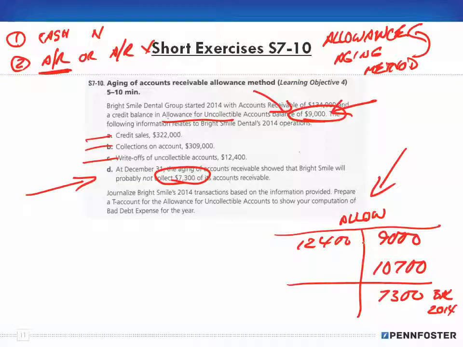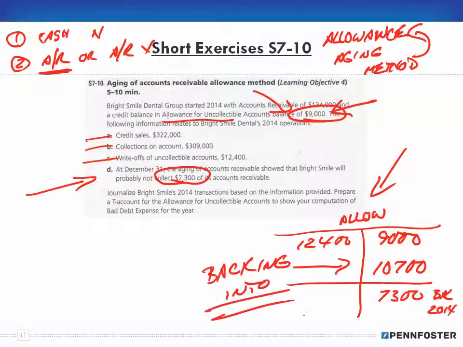Then things happen during the course of the month, and then at the end of the month, I have to calculate a new estimate and I back into my adjusting figure based upon how much I determine my estimate should be. The point being is I'm backing into the amount for the adjusting entry.